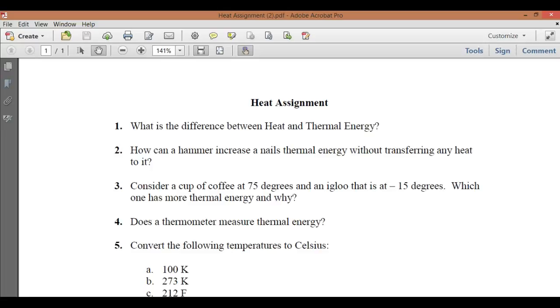When we talk about how heavy something is, we're actually talking about the concept of weight. Weight is very different than mass. When you talk about mass, mass is the number of particles something has.